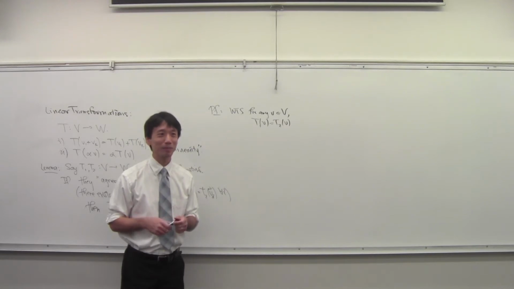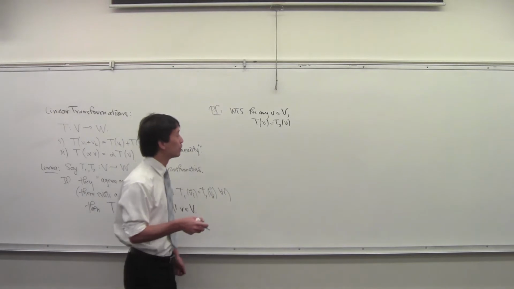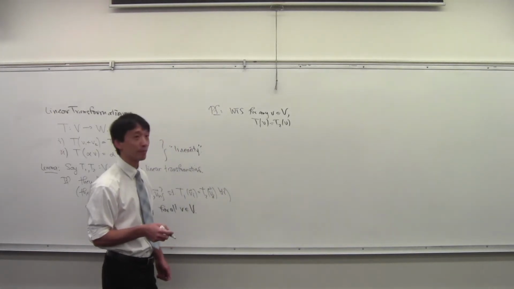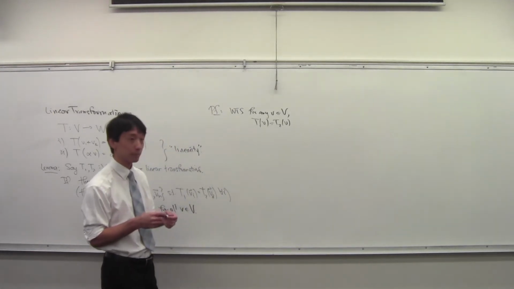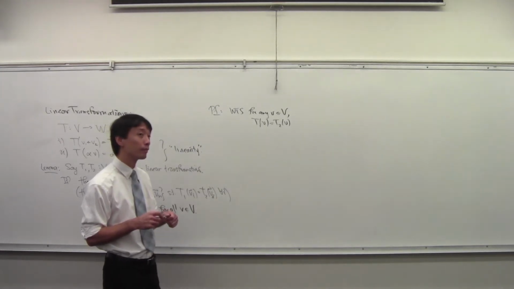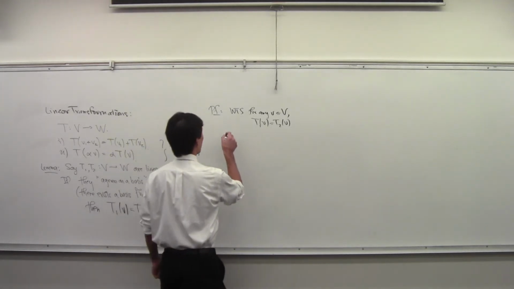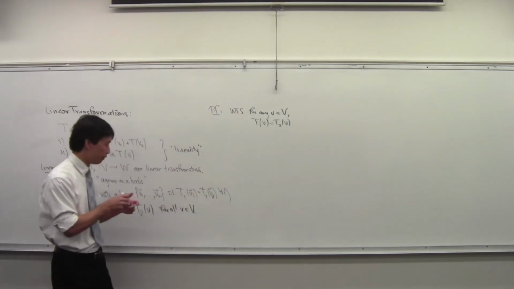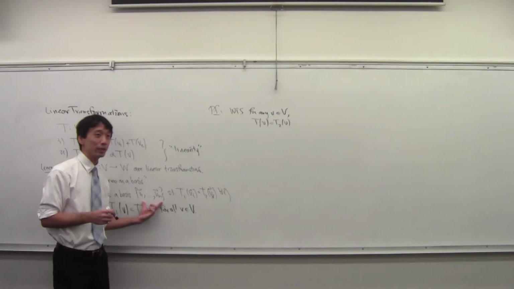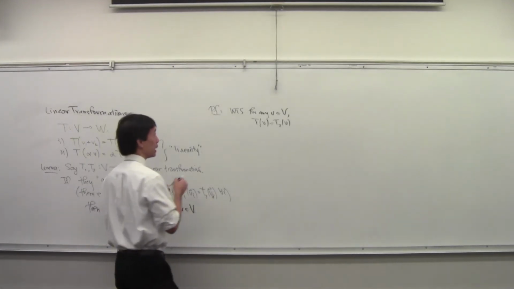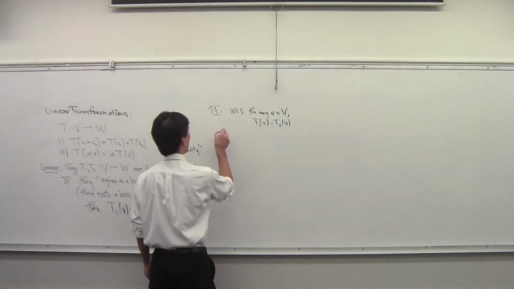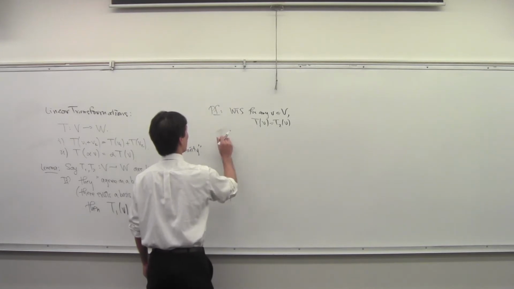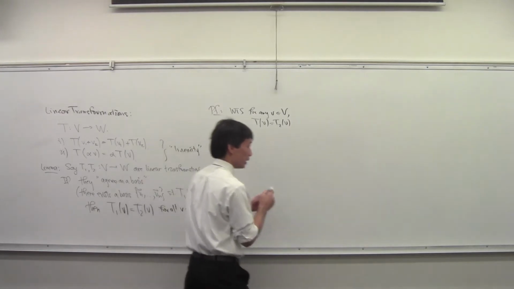Okay. Lizzie? Well, any V in the vector space is going to be like alpha times one of the bases, or one of the bases plus another one of the bases. Well, it's true that this is a basis, right? So everybody in V is a linear combination of these guys.